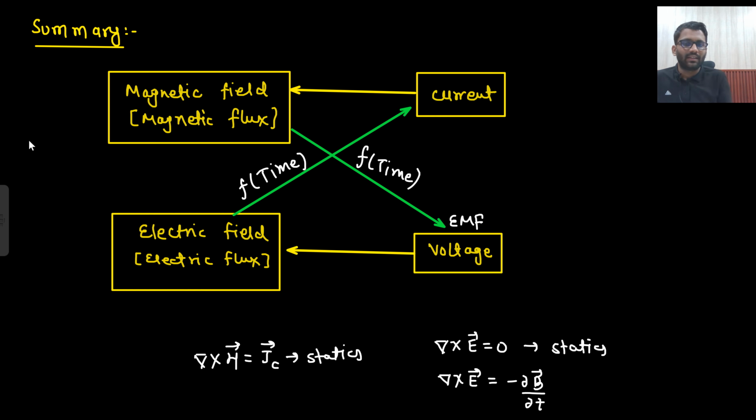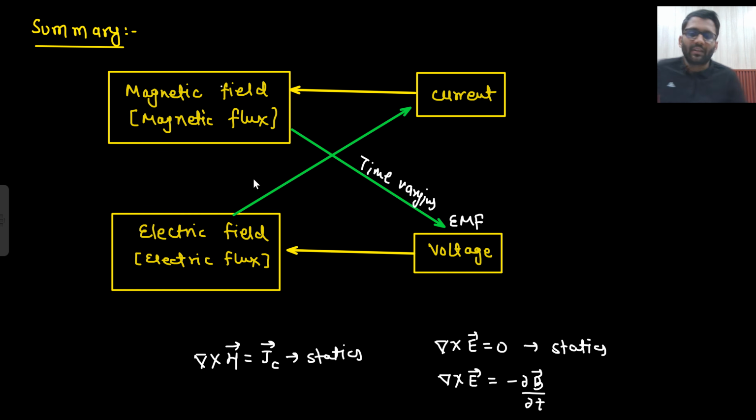Again, let's understand this graph. If there is some current, then certainly there will be a magnetic field. If the magnetic field is changing with respect to time, I should not say function of time, I will write time varying, or I could have written function of time as well, but let's write time varying.